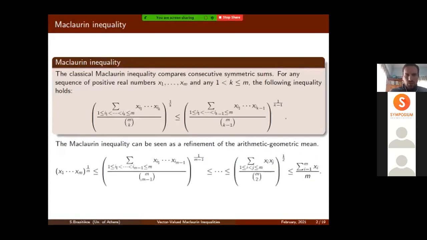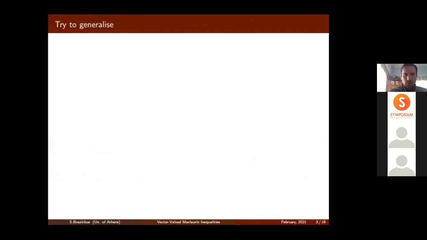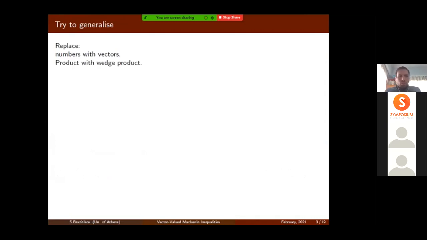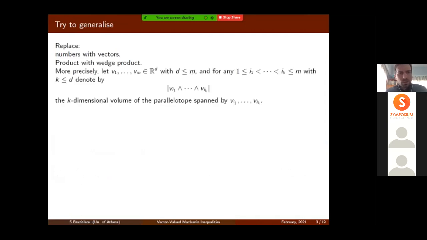Our idea was to try and generalize this Maclaurin inequality. We first replaced the numbers with vectors, and the second thing we have to do is replace the product with something else. So we replaced the product with the wedge product. And what's the wedge product?